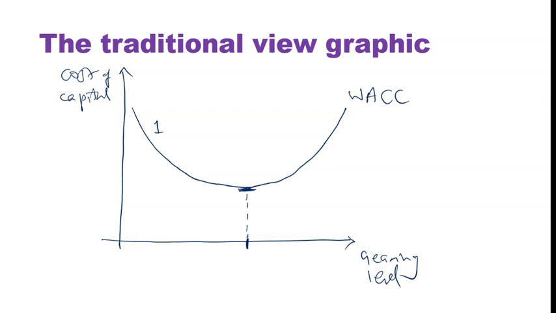After this point, this is the danger zone. This is level 2. At that point the WACC will start to rise, and remember I said in the initial part that the higher the discount rate, the lower the market value of the firm. The higher the WACC, the lower the market value.